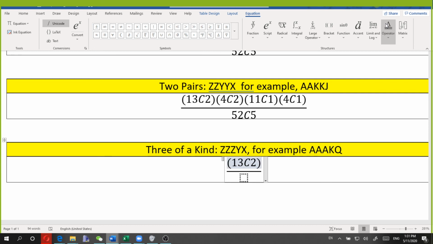13C2, so I'm picking two values, and then within those two values, how many of the four cards do you want to pick? If I do that, then I'll have six cards total, because you pick two values. That would be like ace and king, pick three of four cards.